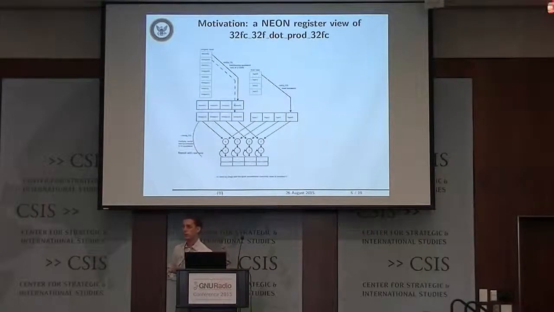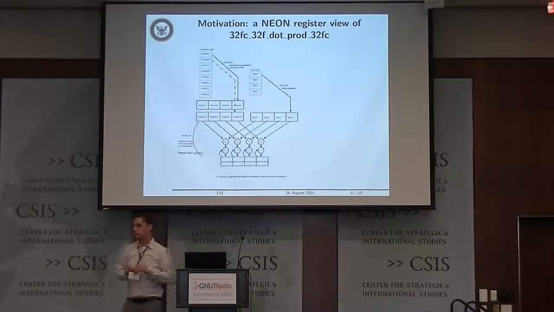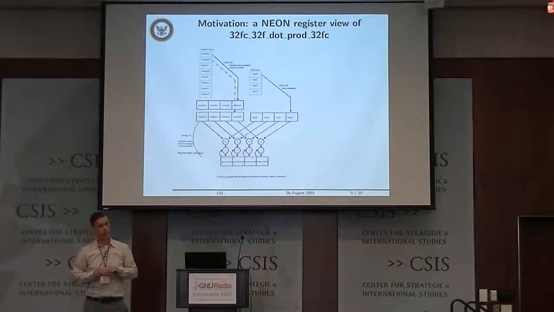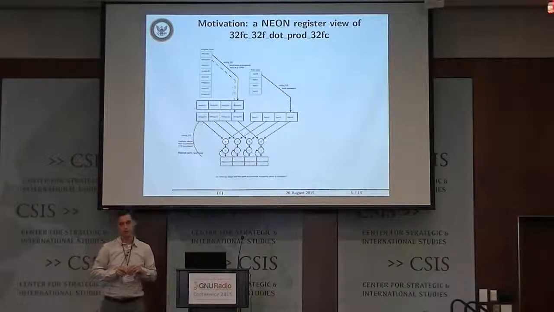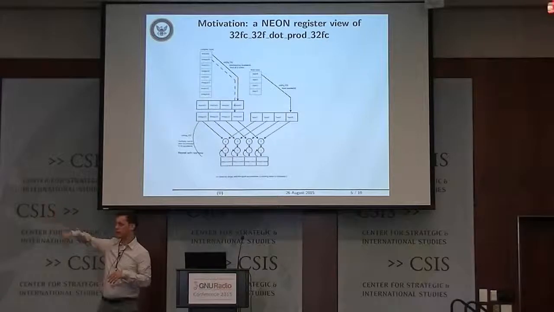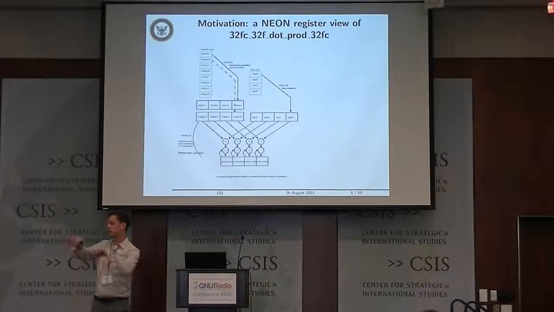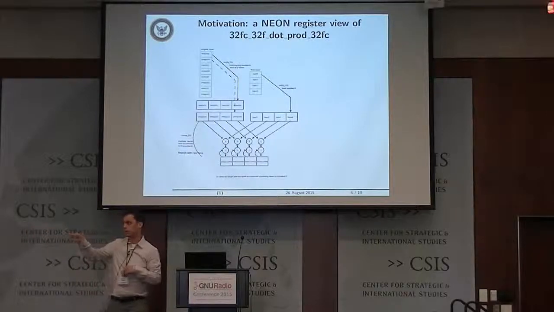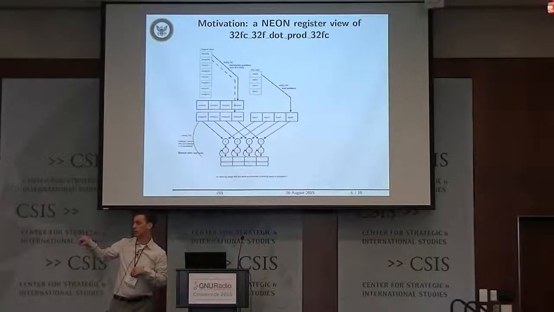All right, so here's the motivation. This is the speed aspect. This is a diagram I made to view an operation happening in Neon, which is the SIMD architecture for ARM. We have memory going down vertically, and registers that get loaded up, and then there's a fused multiply add operation that's happening a lot.